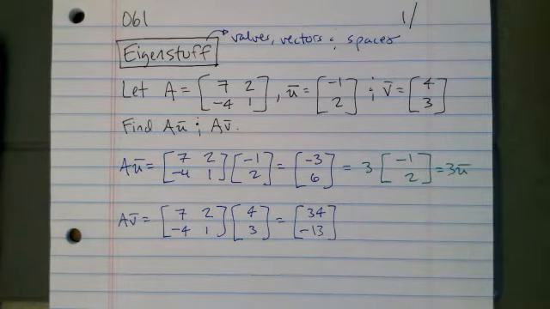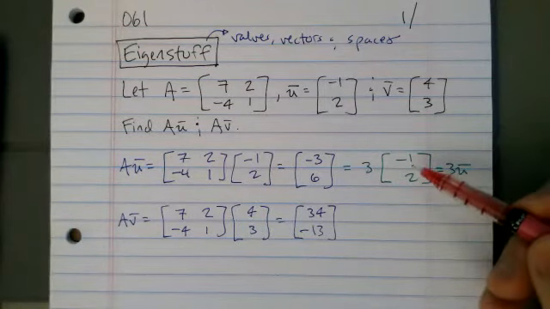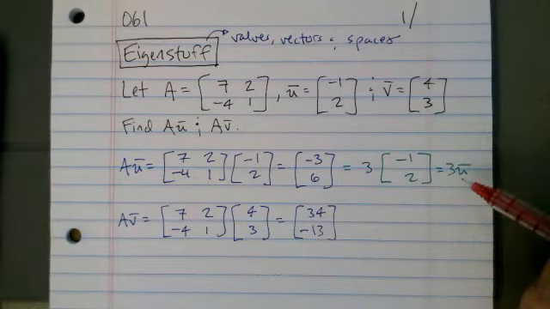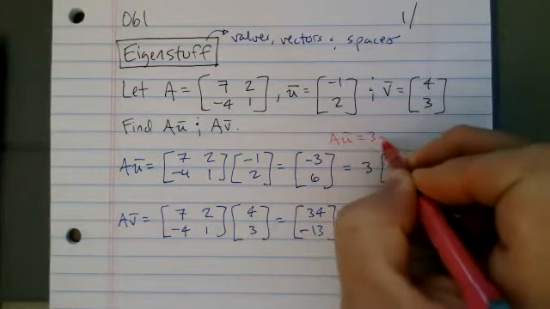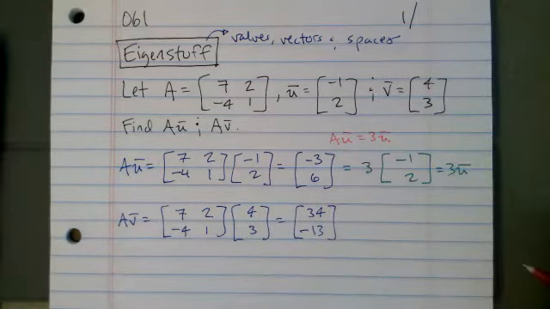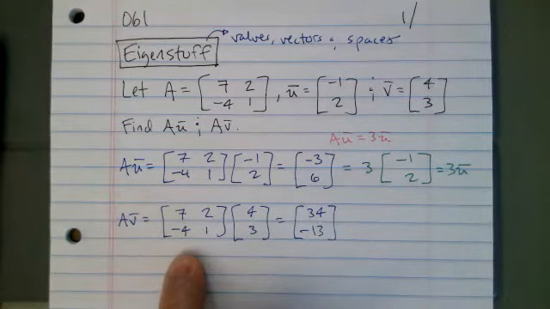So the interesting thing here is that the product AU is just a multiple of U. AU equals 3U. We ended with a multiple of what we started with. Multiplying by A just stretched our vector. That did not happen with AV. AV is not a multiple of what we started with.